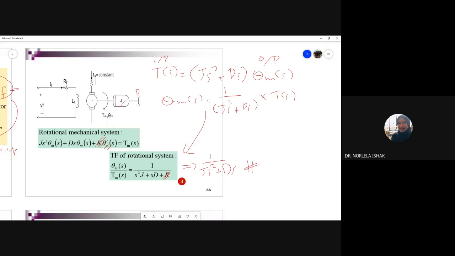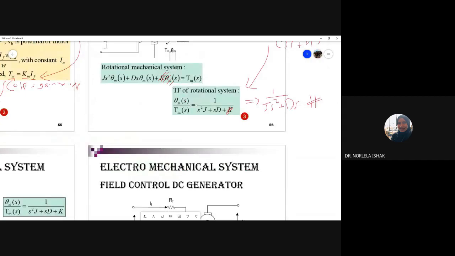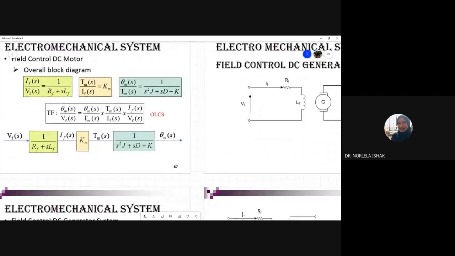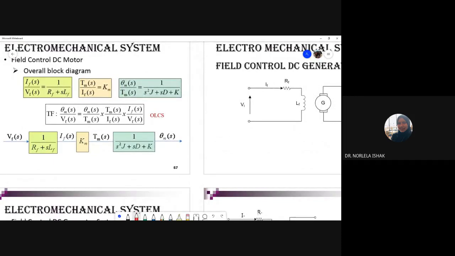Okay, we have three equations, and we should have three individual block diagrams. This is equation 1 from subsystem 1, this is subsystem 2 from the motor, and this is from our rotational mechanical system. Consider that I give you the complete block diagram.